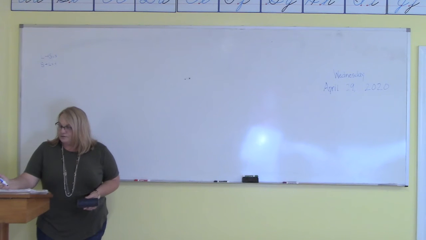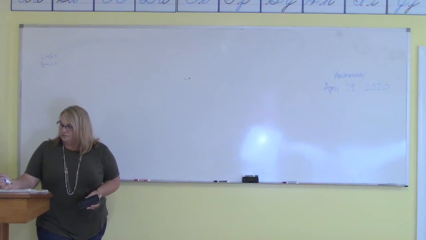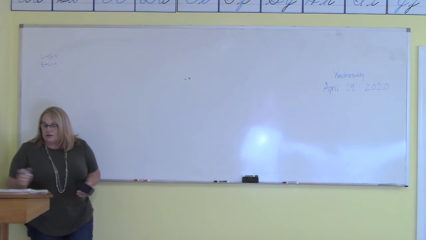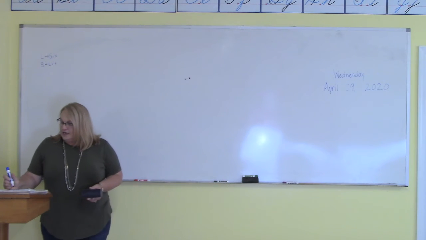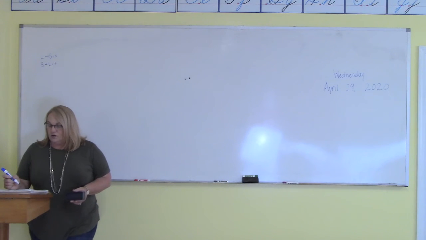True. C, this is a right angle. True. D, this symbol are perpendicular lines. That's false. Those are intersecting lines. And E, this is an angle. That's true.